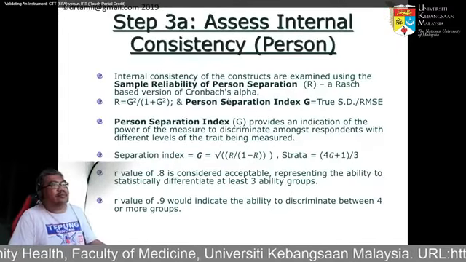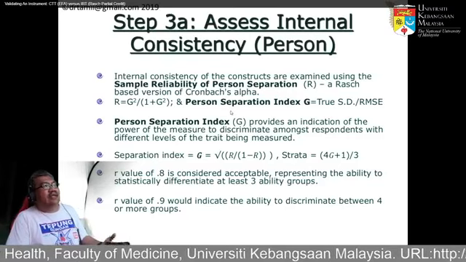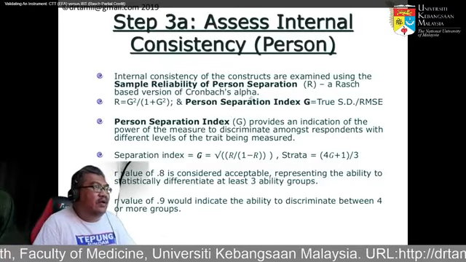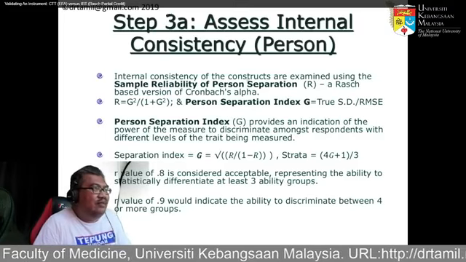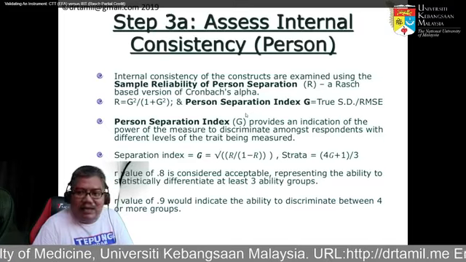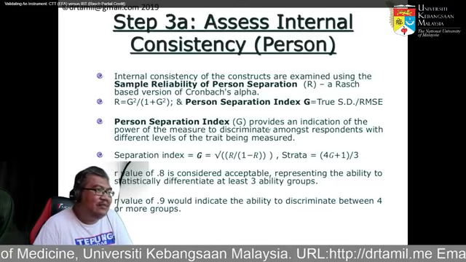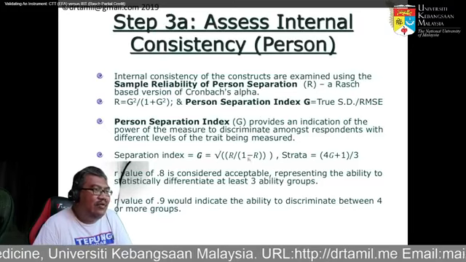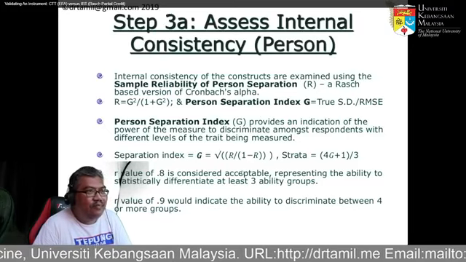Okay, then the next step is to see whether we can get the Cronbach alpha, the internal consistency. The Cronbach alpha under Rasch is not direct. So how do you get the Cronbach alpha?